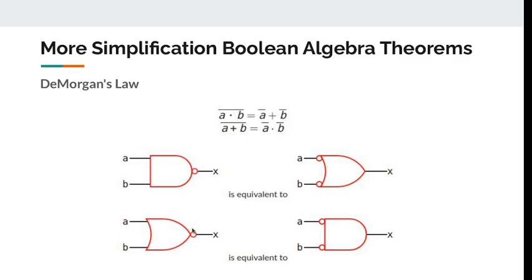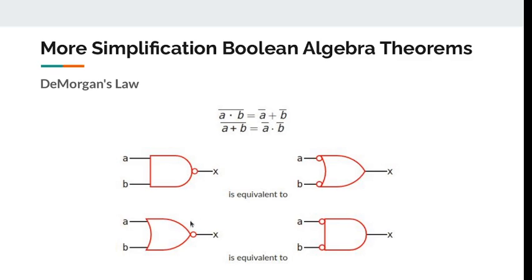And it's the same with the NOR. So you have the NOR gate here. It's the same as having the AND gate with two NOT gates on the inputs. And this is really helpful because you can move between the ports.